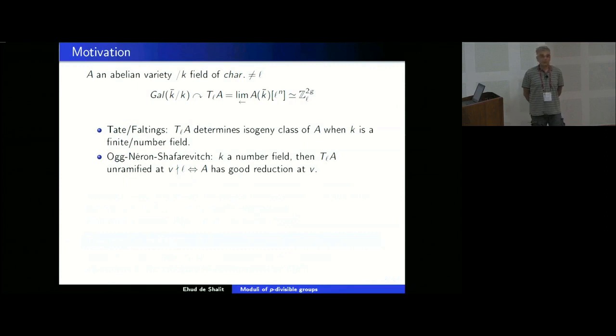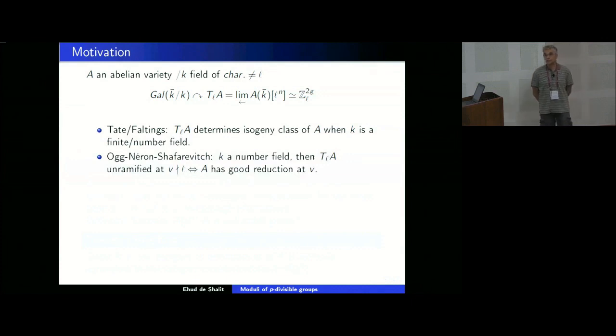So let us start with some motivation, and this is the only time I will mention abelian varieties, at least today. If you start with a single abelian variety over a field K, and l is different from the characteristic of the field, then, as you all know, you have the Tate module of the abelian variety, which is isomorphic to Z_l^{2g}, g being the dimension, with a continuous action of the Galois group.